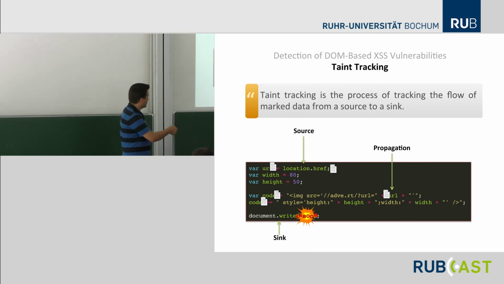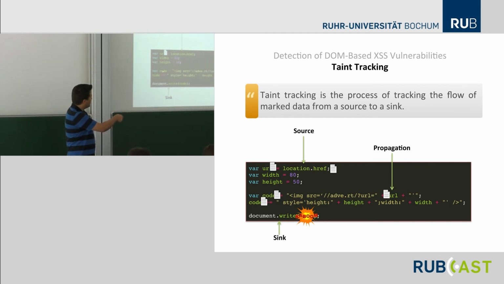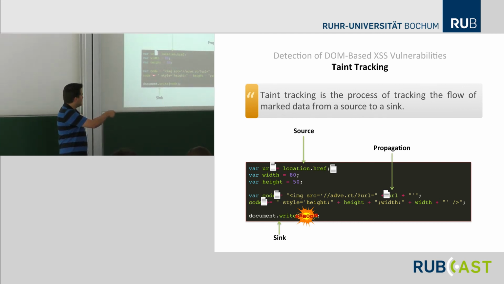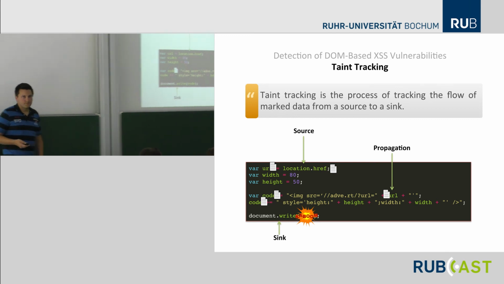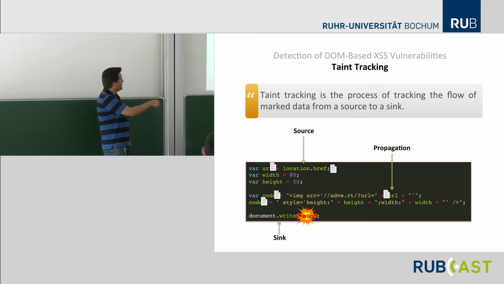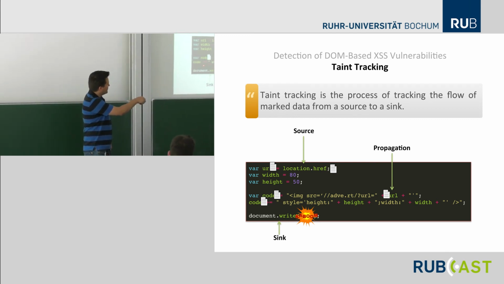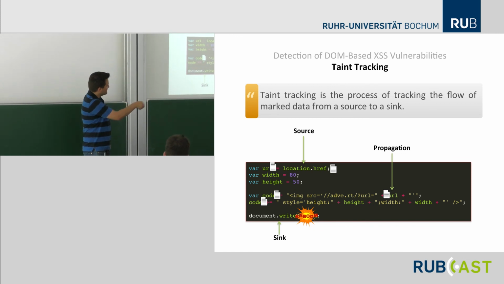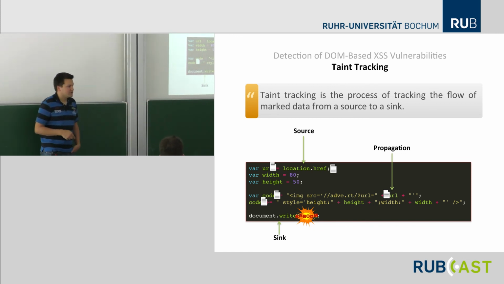Then we see this propagation down here, and this leads this URL parameter to end up in a new string that is called code. So we are also attaching this piece of information to the code parameter, and then we see the code parameter is again used here and is concatenated with a new string. So we also attach this information here.